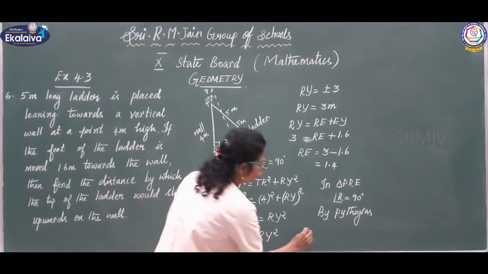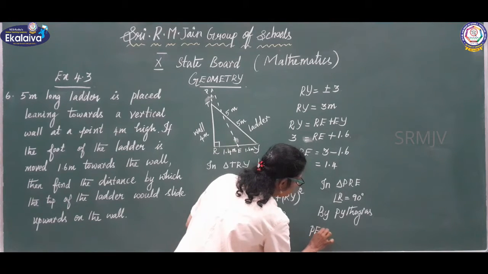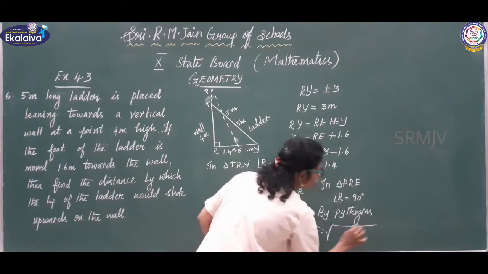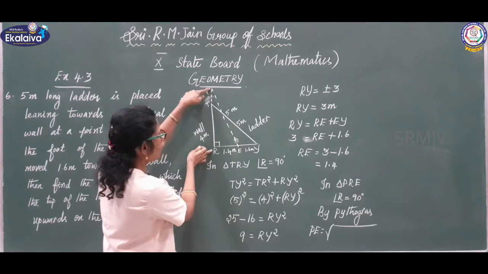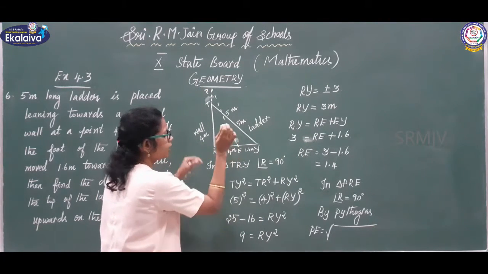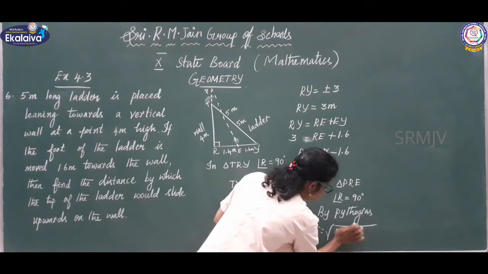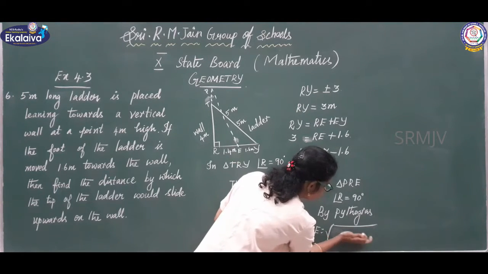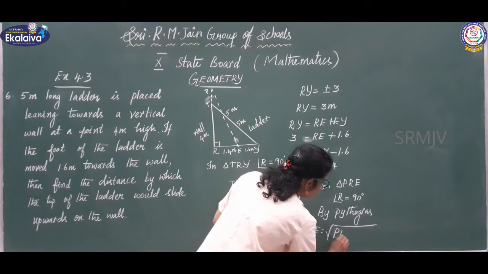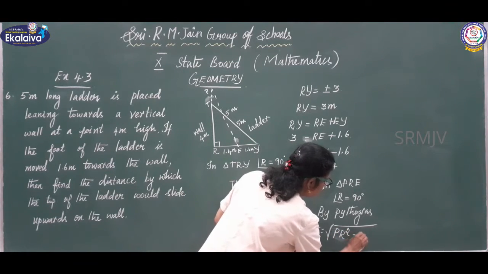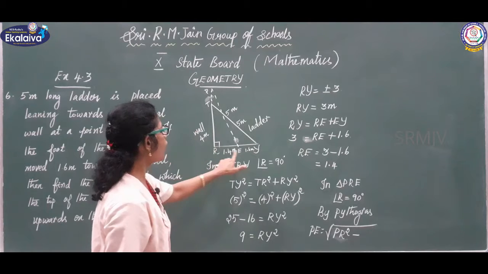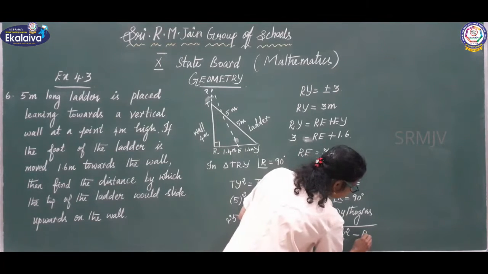PE square equals PR square plus RE square.